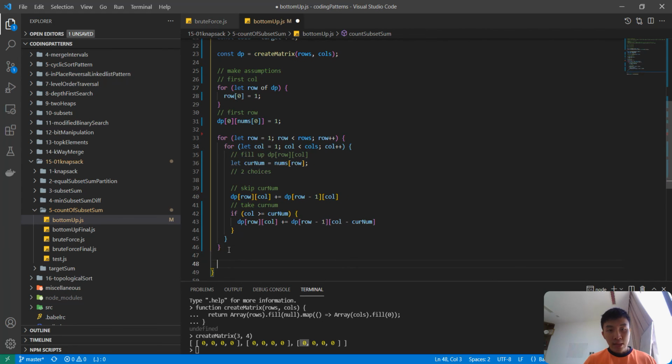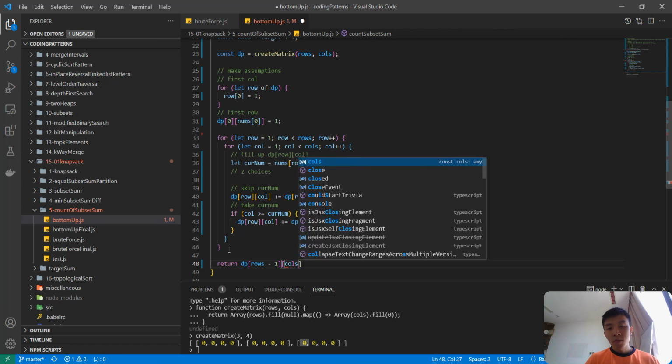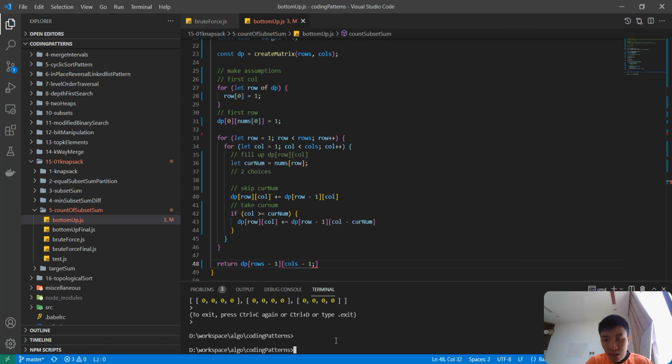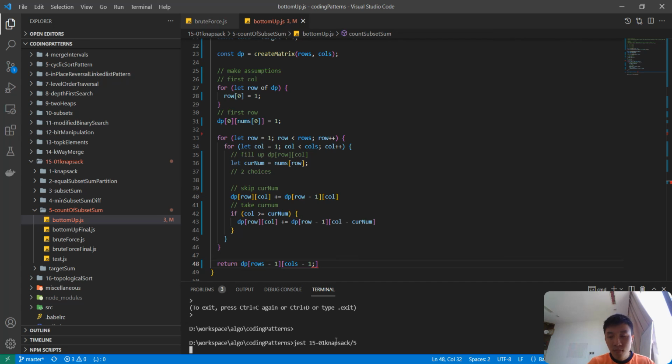So at the end, I will just return dp at rows minus 1 and columns minus 1. I think that is it. Just 15 and 5.